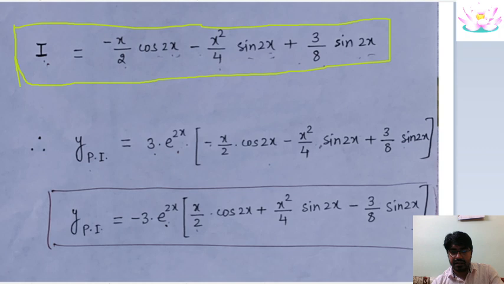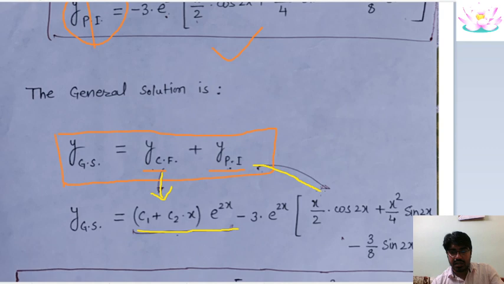The complementary function, if you remember, is this: (c1 plus c2 x) e with power 2x, and the particular integral is the next term. After simplifying, we get the general solution like this. So this is how we calculated the required solution.